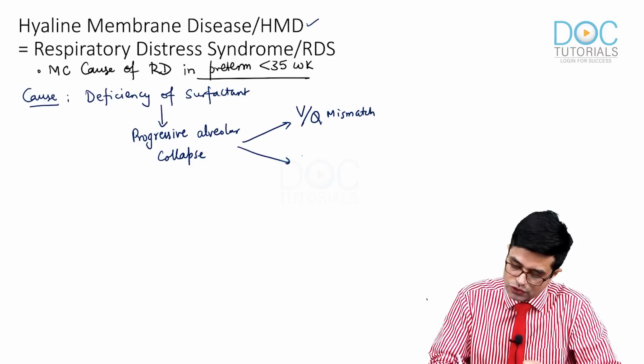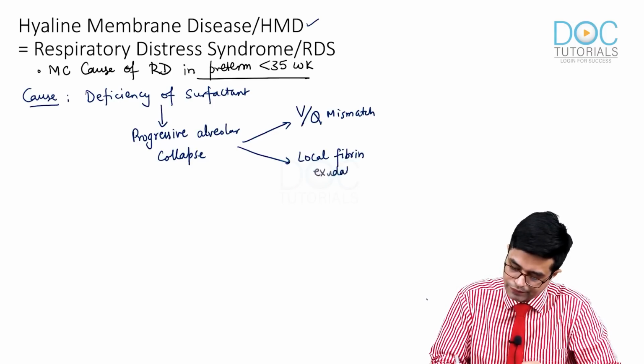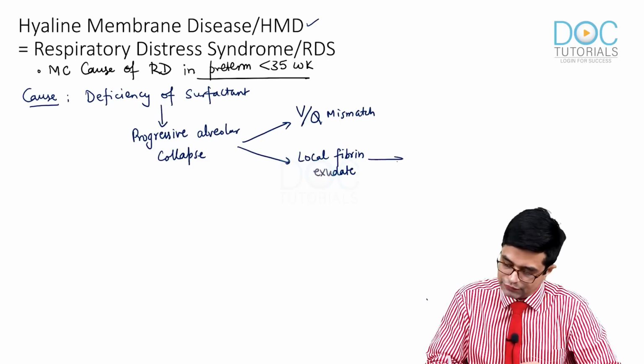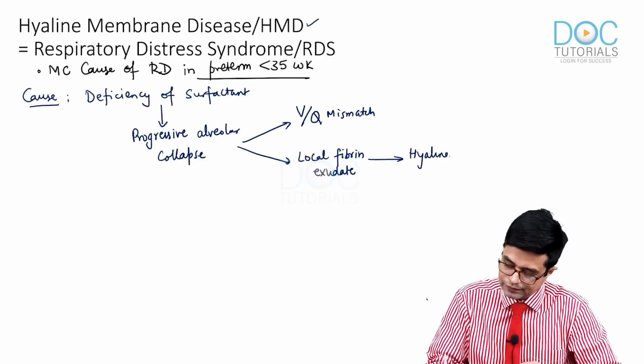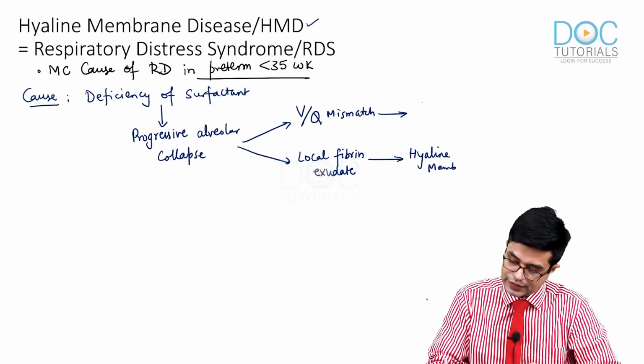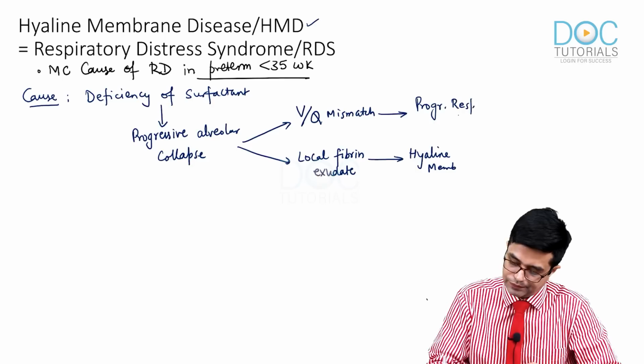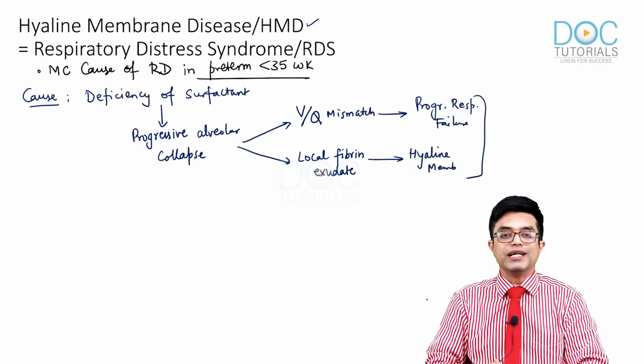It will also produce local fibrin exudate. This will cause the formation of hyaline membrane, and the ventilation perfusion mismatch will cause progressive respiratory failure. The combination of these two is called hyaline membrane disease.